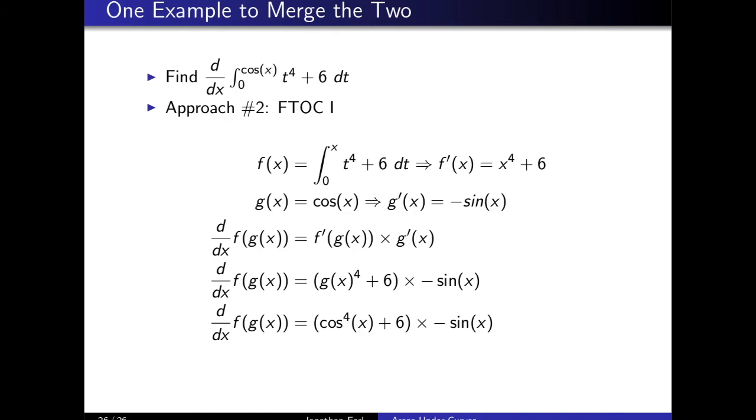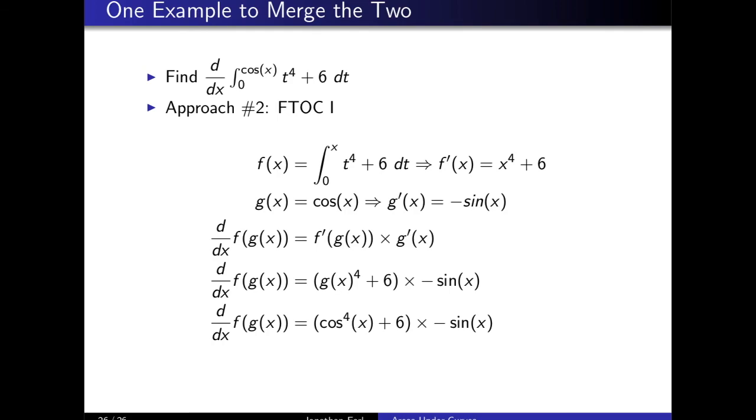When we do that, we can easily find that f prime, from the fundamental theorem of calculus part 1, is going to be x to the 4 plus 6, and g prime is going to be minus sine of x. Okay, so then we have our chain rule.